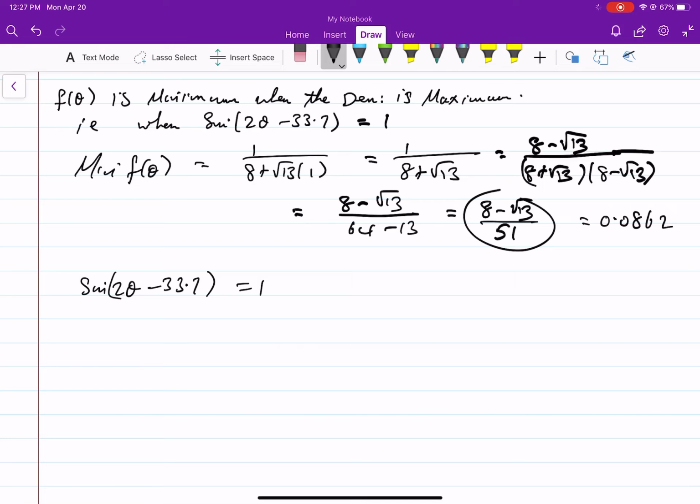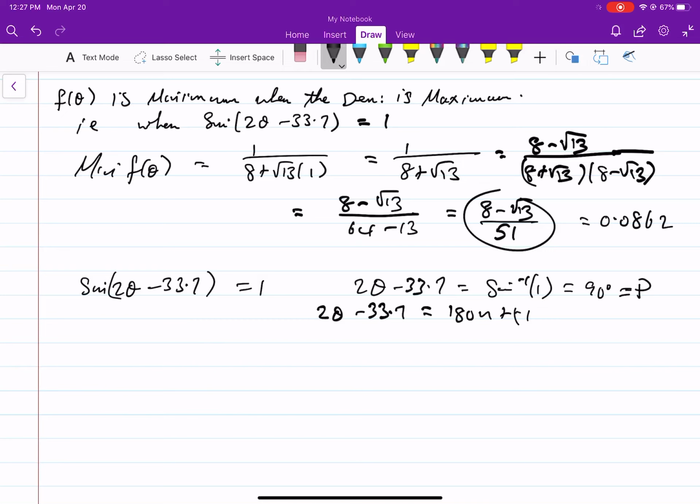That's very simple to do at this point because we've been doing it so often. 2 theta minus 33.7 is equal to sine inverse of 1, which is 90 degrees, which is my principal angle P. Alpha, which is 2 theta minus 33.7, is equal to 180n plus minus 1 to the power n times P. 2 theta is equal to 180n plus minus 1 to the n times 90, plus 33.7.